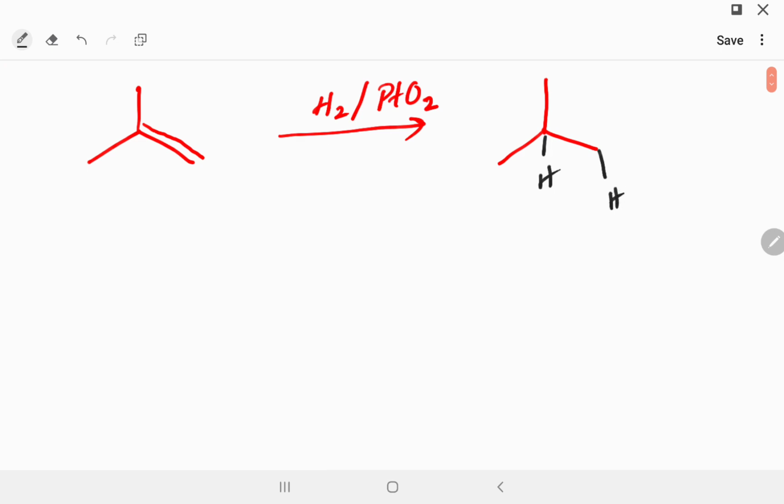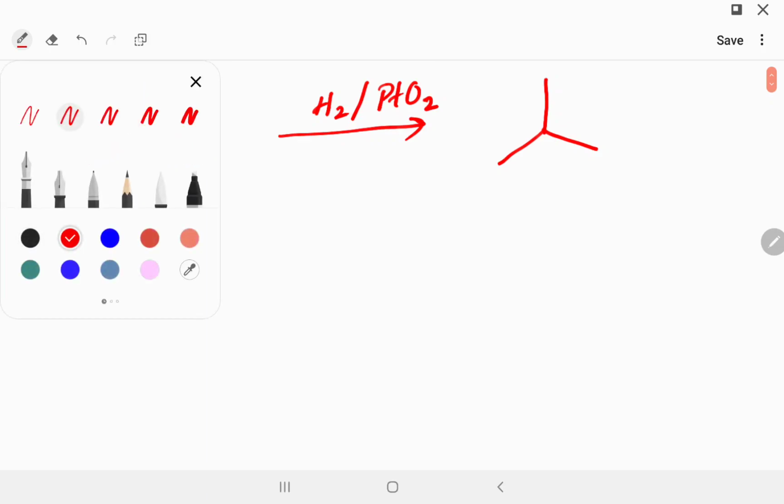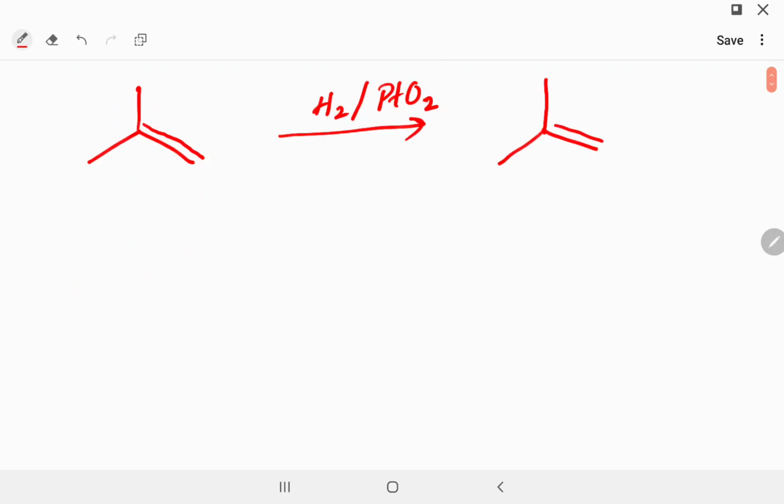You can simply erase the double bond and you get the product, which is very straightforward. Hydrogenation is an extremely easy reaction to understand, especially if there are no cyclic alkenes involved.